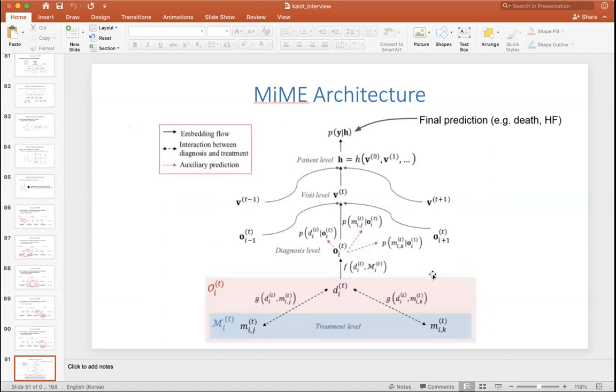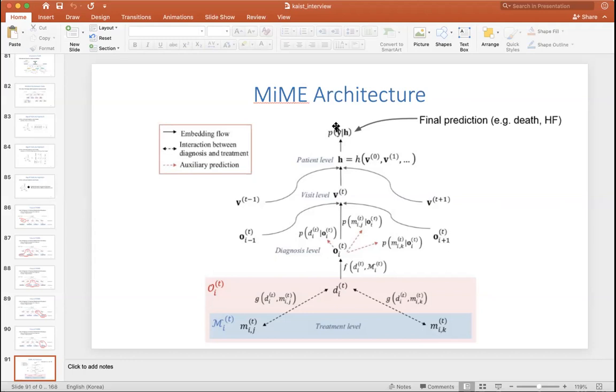I won't go into detail about the mathematical operations, but basically it's a bottom-up approach. This red box here is a diagnosis object. Usually what we're interested in with outpatient records is, given H, a patient embedding, or patient representation vector, and Y, some disease or event that we want to predict, like heart failure, kidney disease, hypertension or COPD, some lung-related disease.